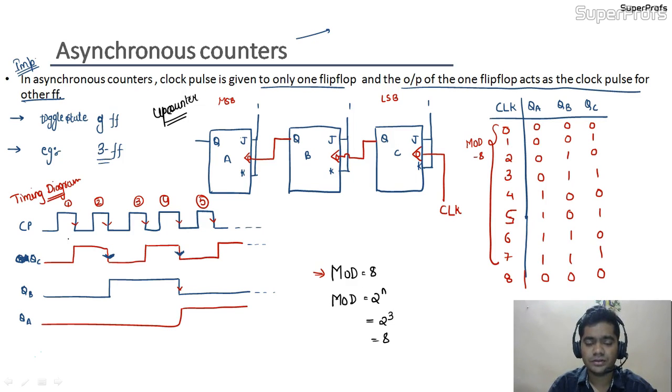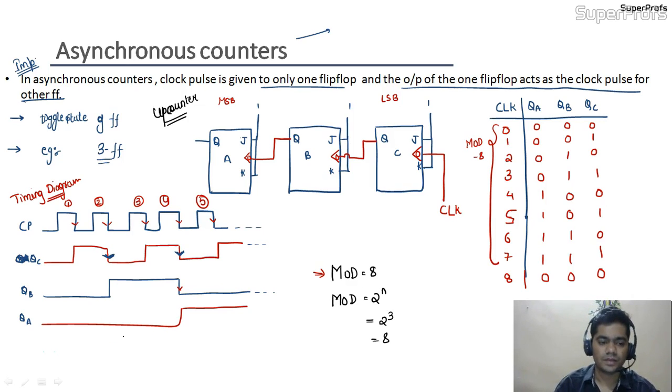I hope the counters topic will be completed, and we are going to see all the problems related to counters, registers and sequential circuits. The problem solving session is very important, students, for this topic.